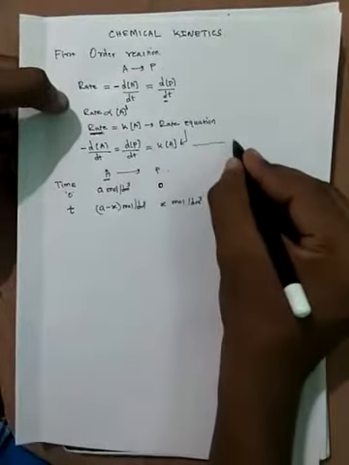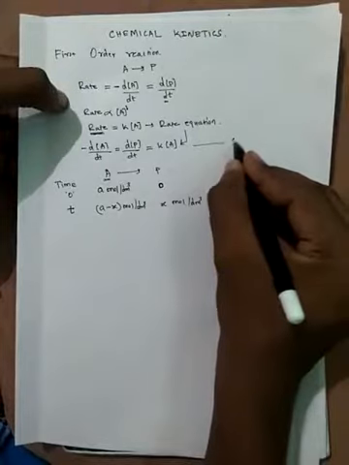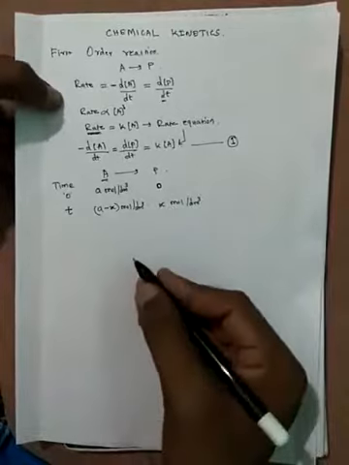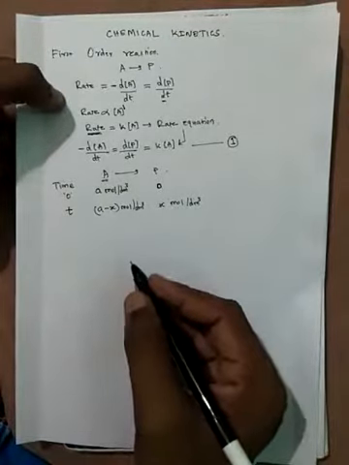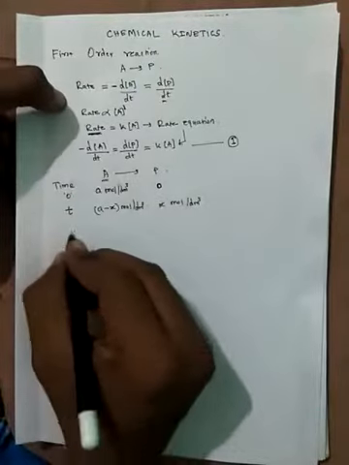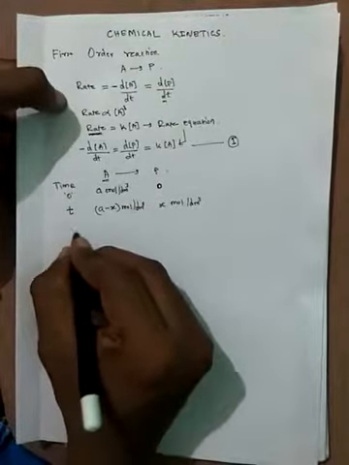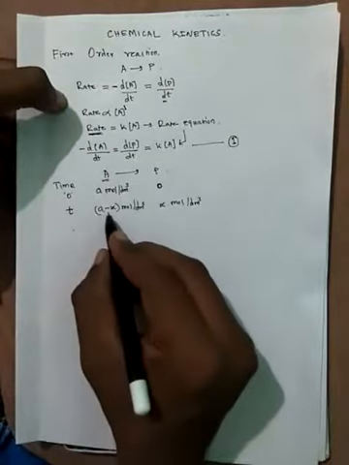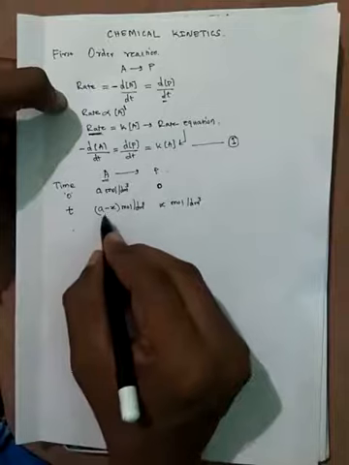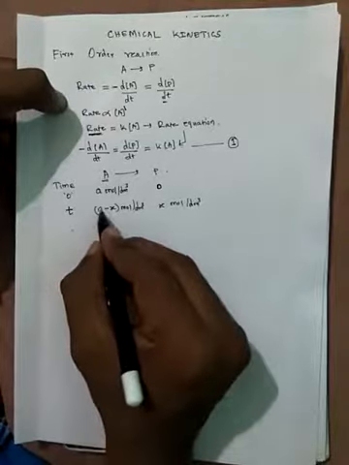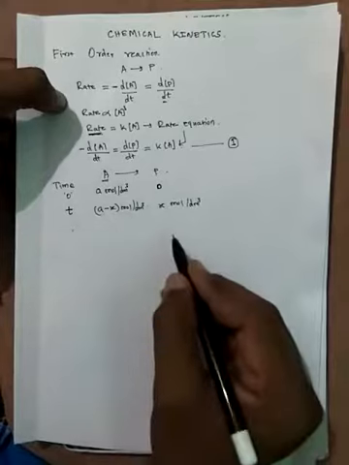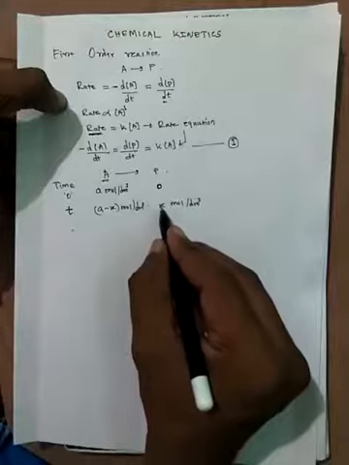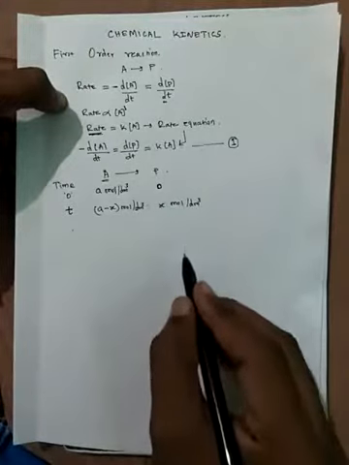Let me write this as equation number 1. See, at time t, the unreacted concentration is A minus X, and the product concentration is X mole per liter.